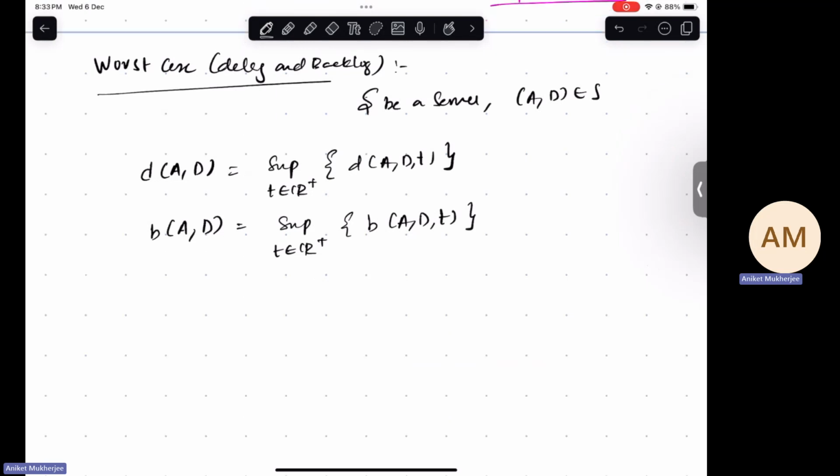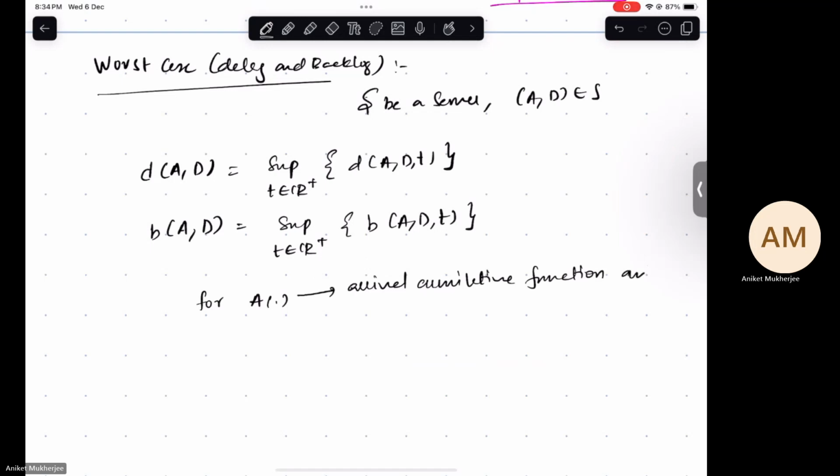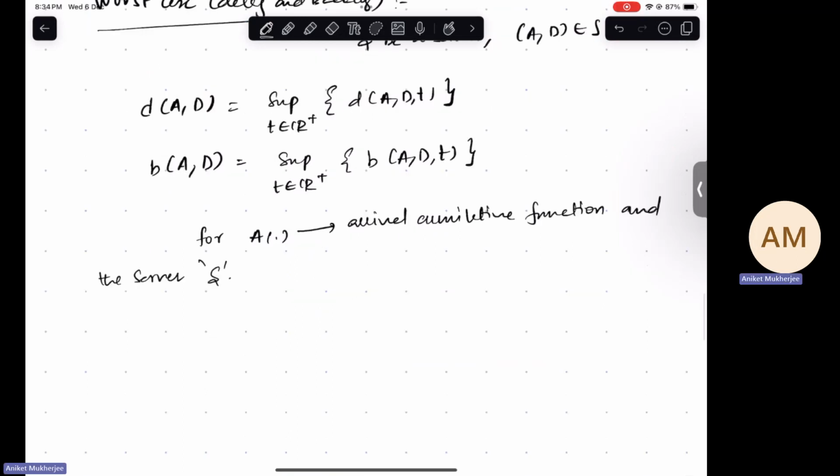Suppose you don't have that AD pair, you just have the server and the arrival cumulative function. Then what you do? So the worst case delay and backlog for an arrival cumulative function A and the server S, right?